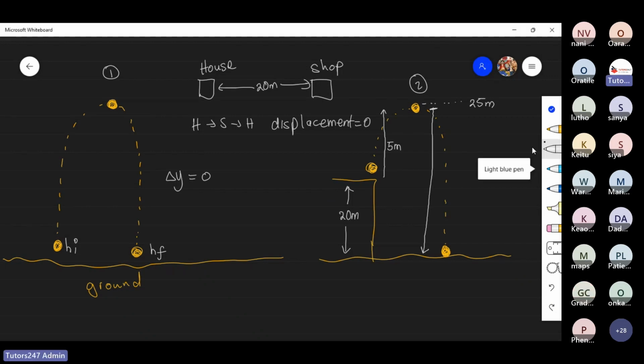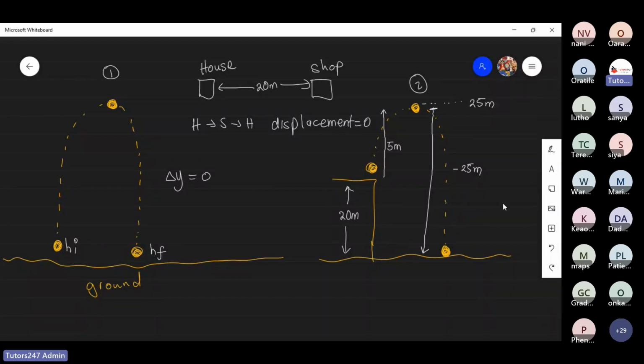But which direction is it in? It's in a downwards direction. So we're going to give it a negative 25-meter value. So we've got one vector that's 5 meters up and a second vector that's 25 meters down.